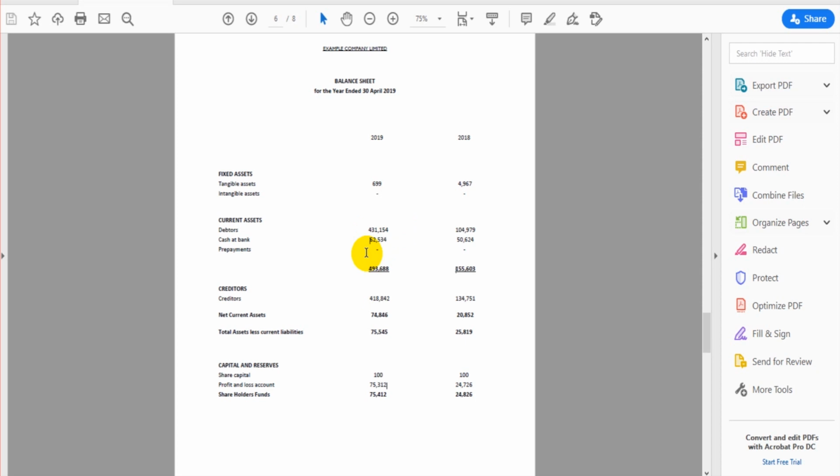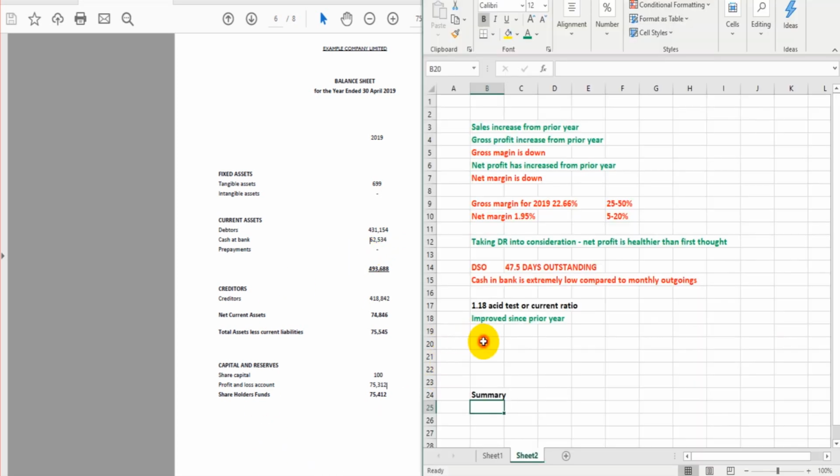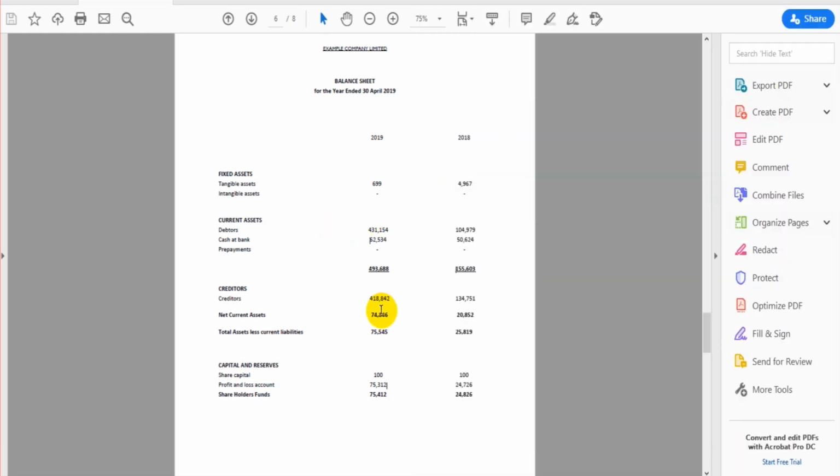Now that screams one thing at me, and that is cash flow difficulties. So if you don't have much money in the bank and your outgoings are very high, it looks to me like this company is facing cash flow difficulties. Better than it was probably the prior year, but still facing cash flow difficulties.